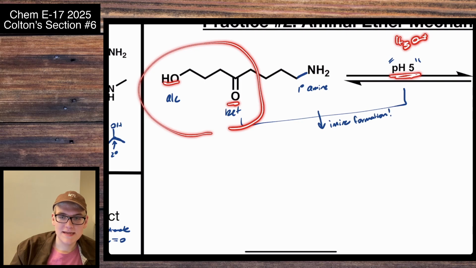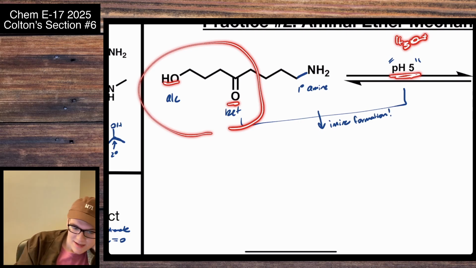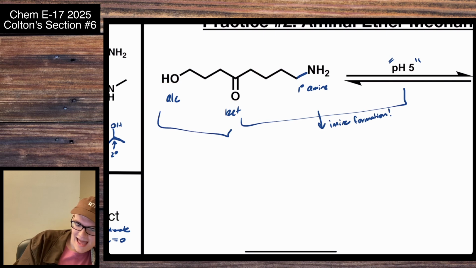An alcohol and a ketone combining with acid. I mean, it couldn't be the reaction we just spent an hour on, could it? Yeah, like acetal formation or hemiacetal or something in that family. So we could imagine potentially starting off with an acetal.